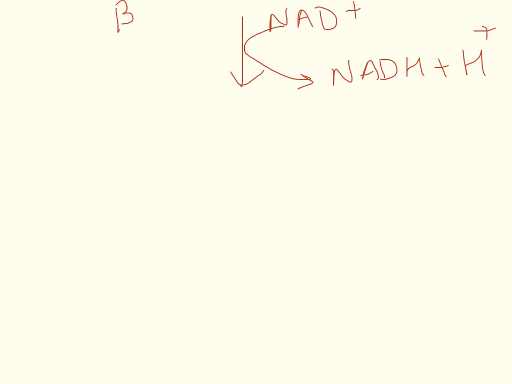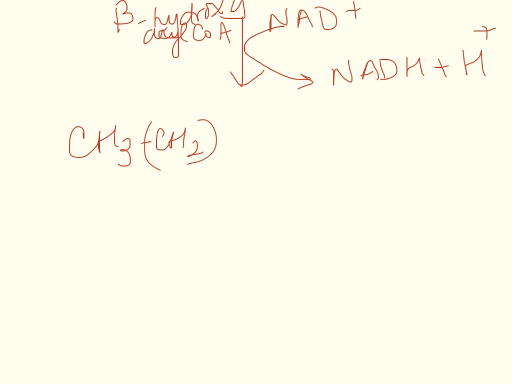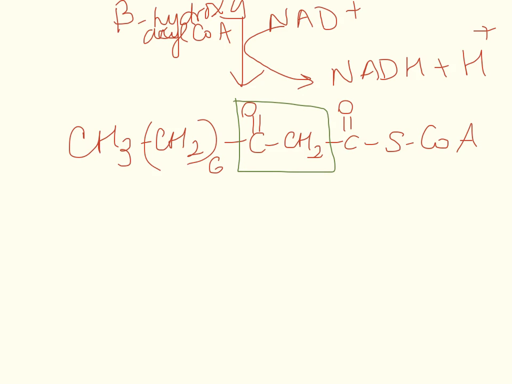Because on the hydroxyl group an OH was added, so beta hydroxyacyl coenzyme A. That gets oxidized to give you CH3, CH2 6, C double bond O, CH2, C double bond O, S, coenzyme A, right? So here this is the change. See how this got oxidized, right?